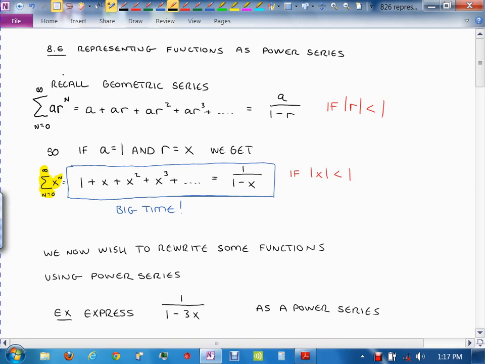So what happens when I start at 0? I get a times r to the 0. What's r to the 0? 1. So a times 1 is a. The reason I'm doing this is because the first time I showed you the geometric series, we started at 1. In the formula, see I wrote it over here in the corner?